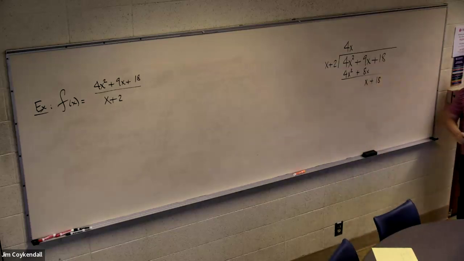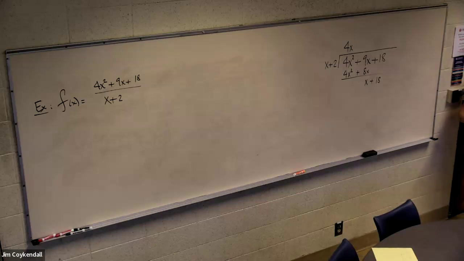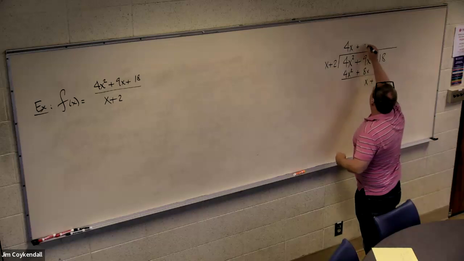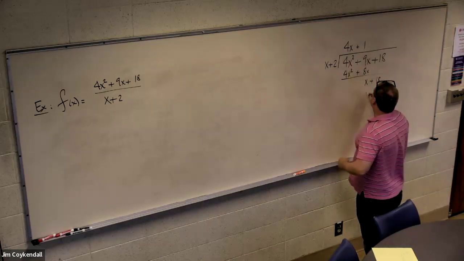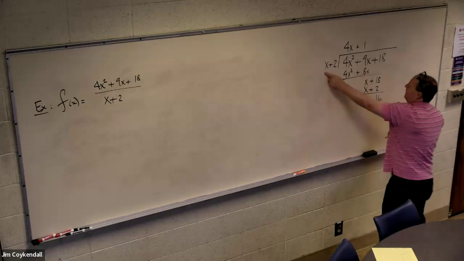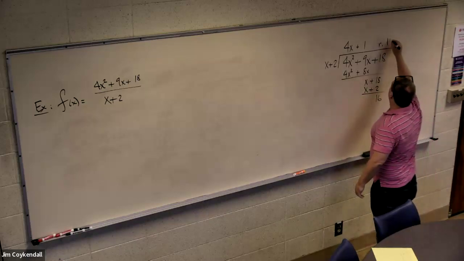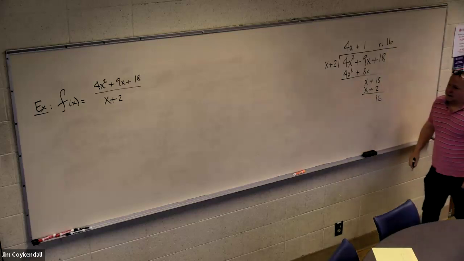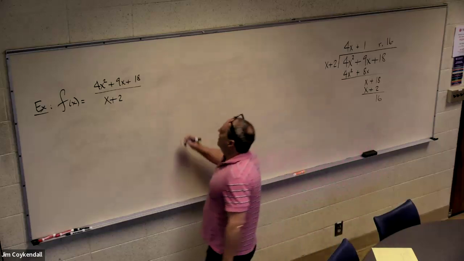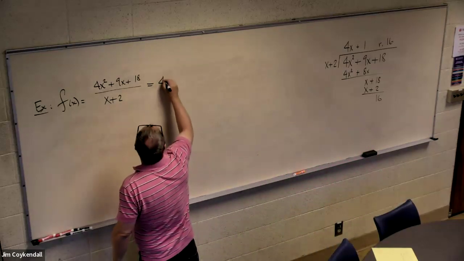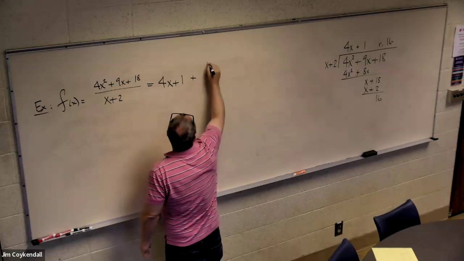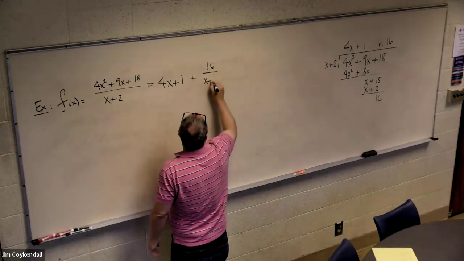How many times does x plus 2 go into x plus 18? Well, I got to multiply by 1. So that's x plus 2, leaving me 16. X doesn't fit into there anymore. Moral of the story is this thing can be rewritten as 4x plus 1, which is the quotient, plus the remainder over what I divided by.